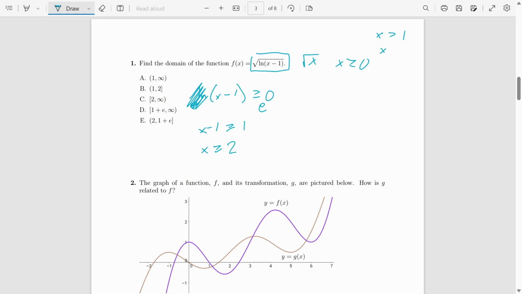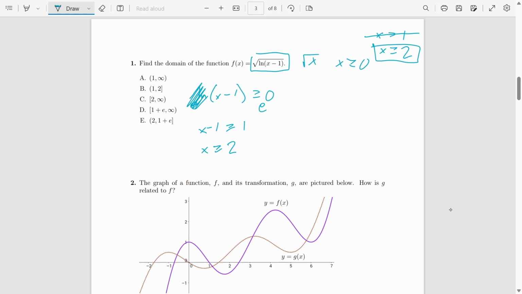So there's our second restriction, and you'll see that this one already fully encompasses the one we found earlier, x is greater than 1. So we can just forget about the top one and ignore it for now. I'll cross it off instead of erasing it so you can see what I mean.